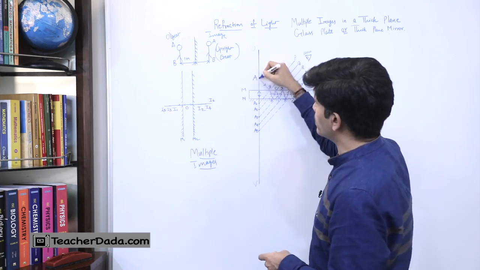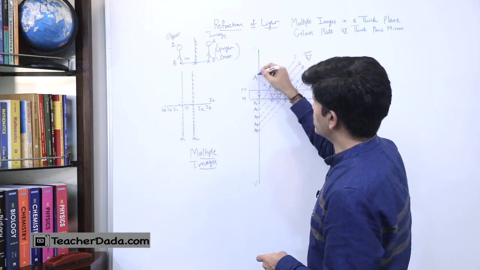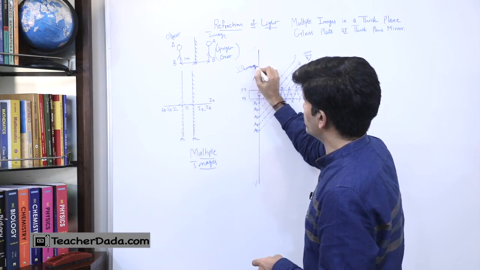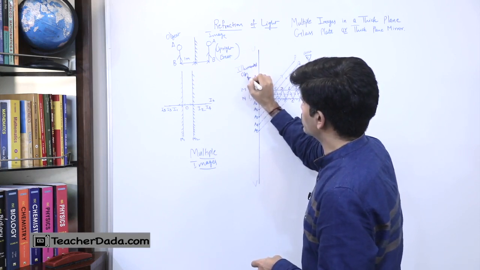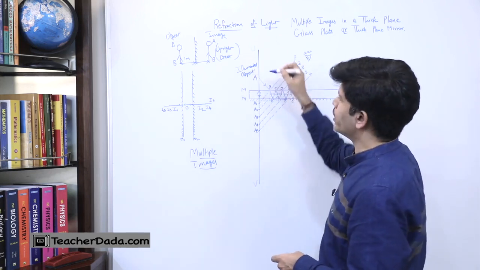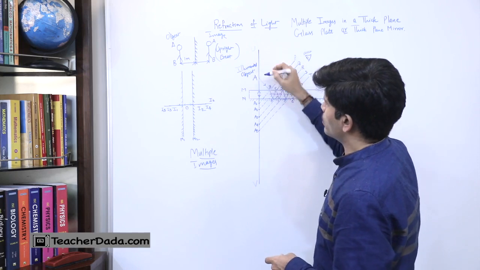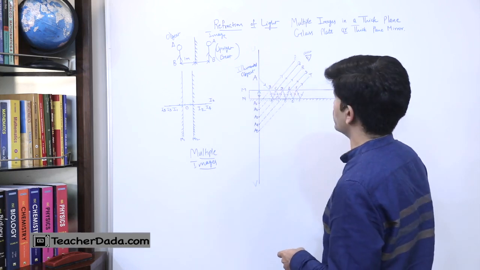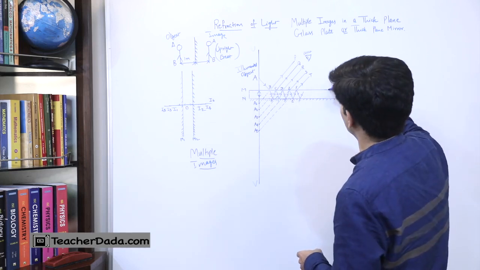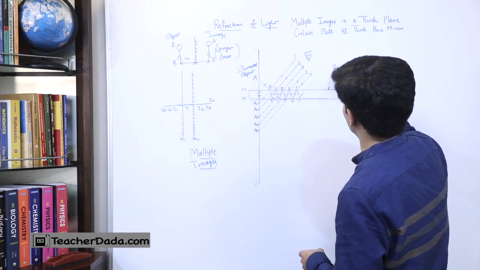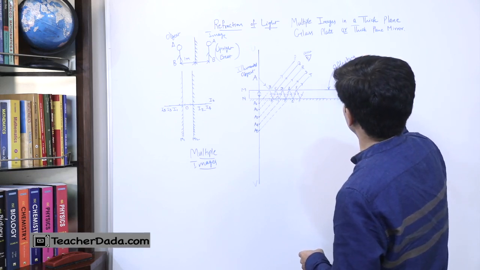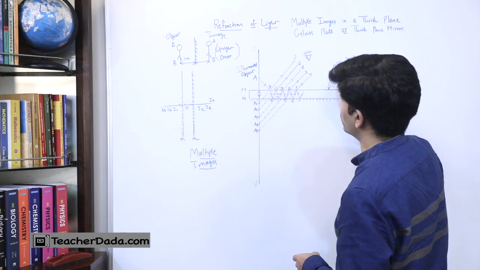Over here we have taken the illuminated object, and that is at A. Now from A there are two rays which are striking the surface LM. LM is the reflecting surface, the reflecting surface of a thick plane mirror.